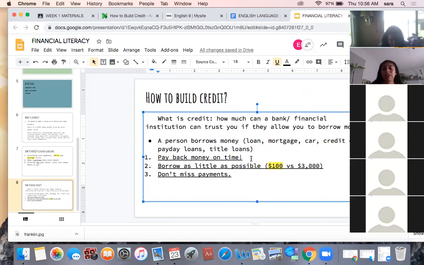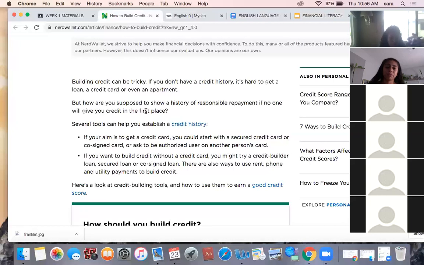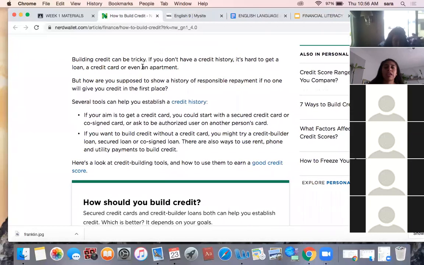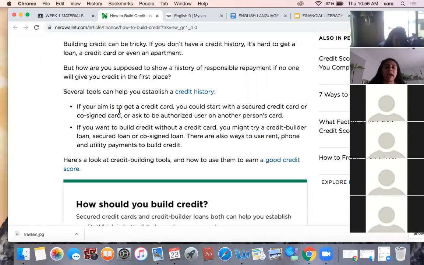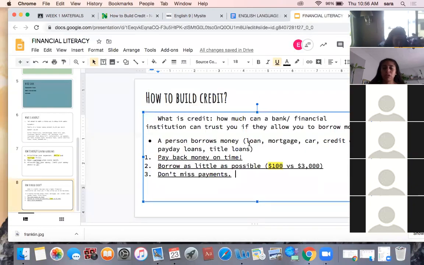Okay. Now let's go back to the article. So here's the article for you guys. And it talks about a credit history. So let me focus on that just a bit. What is a credit history? Well, when you start, move on to the next slide.